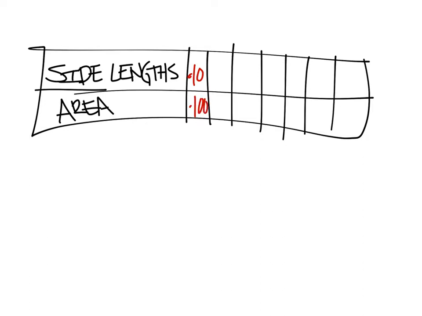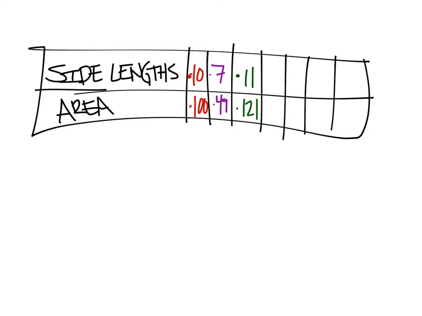Alright, what if I multiplied the lengths by 7? Then what would I multiply the area by? 49, right? What if I multiplied the lengths by 11? Then what would I multiply the area by?